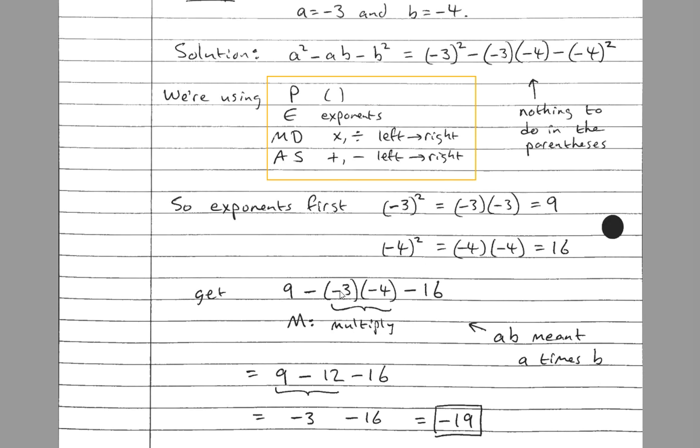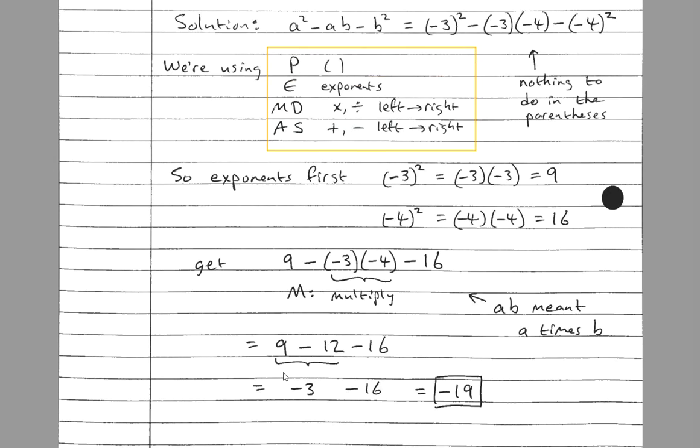So this middle piece we're multiplying next is 12. So what's left? This turned into a 12, but we're still subtracting that, so it's 9 minus 12 minus 16.